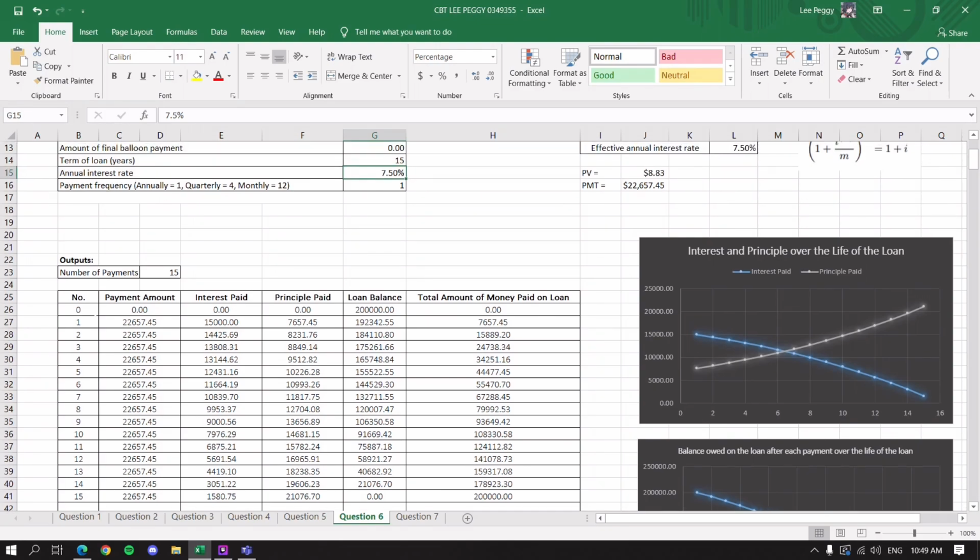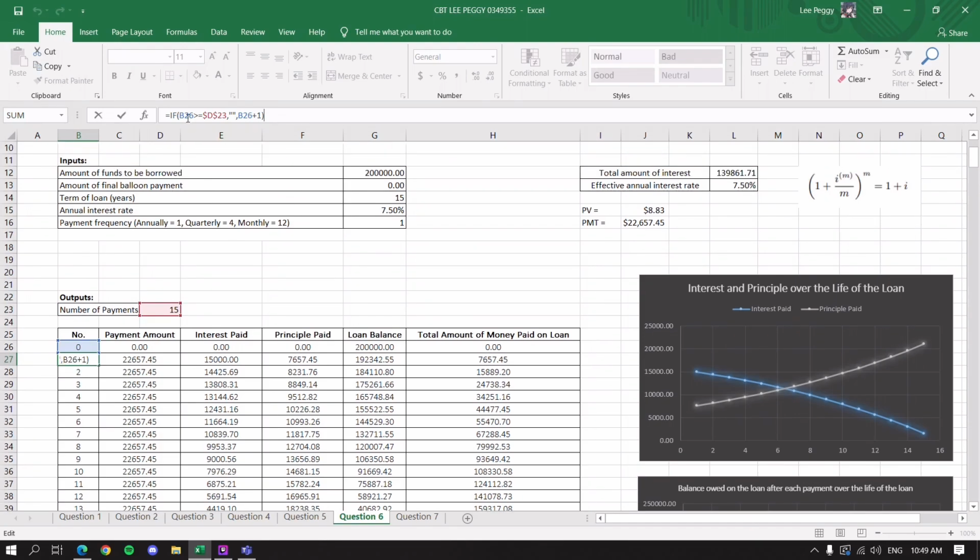To do this, we need to use logical testing, which is IF the previous cell is greater than or equal to the number of payments, then this cell itself should be empty. If it's not, then this cell should be the previous cell plus 1.